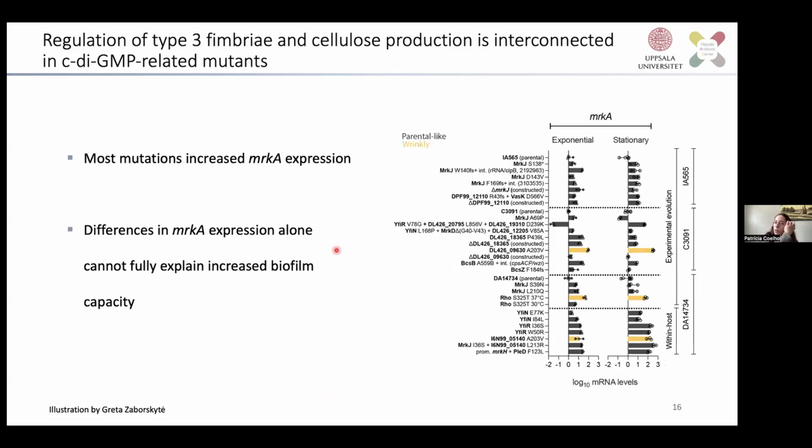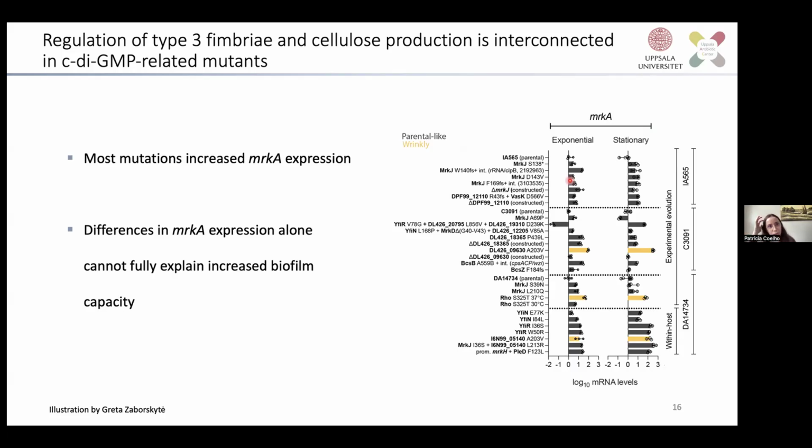and we saw that most mutations increased MRKA expression. However, this was very strain dependent and also growth state dependent. So we couldn't exactly see a correlation between the mutations and their effect on MRKA expression, and also a correlation between how strong the biofilms are and the MRKA expression.